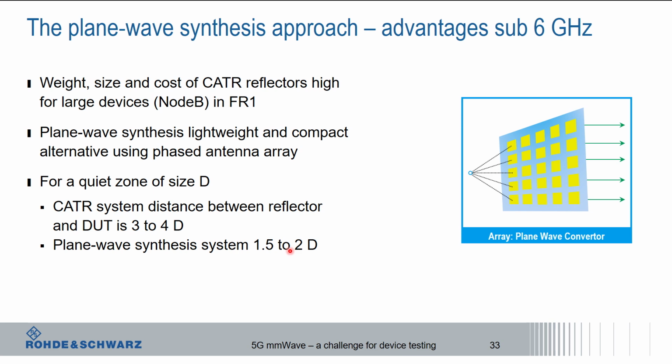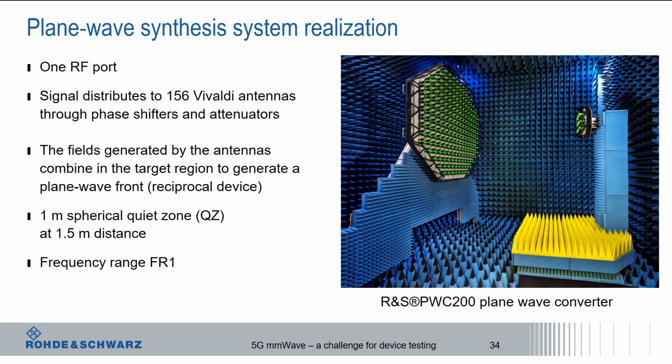And again, Rohde&Schwarz introduces a product that is called PWC200. And the nice thing is here, there is one RF cable going into this ring of antennas. There are 156 Vivaldi antennas in here. They are connected via phase shifters and amplifiers, as I said, or attenuators. One cable going in, so you can hook it up to your tester, to your generator, to your analyzer, to a radio tester, whatever it is.